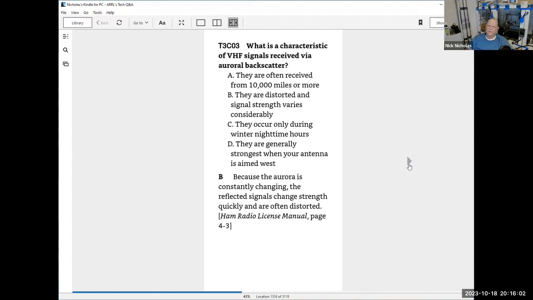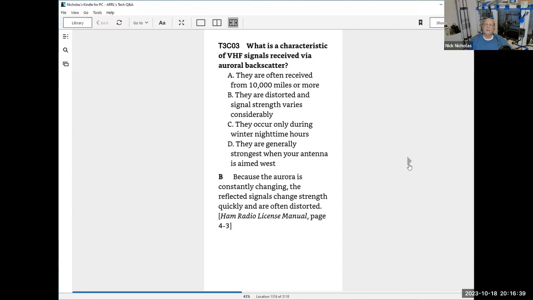But because of that fluctuation, that constantly changing flux of the ionized layer that forms up at the poles there, they distort the radio signal being bounced off of them. So the answer here is B. They're distorted and the signal strength varies because the reflector varies. It fluctuates. And I can't really describe that better, but that is exactly what's going on.